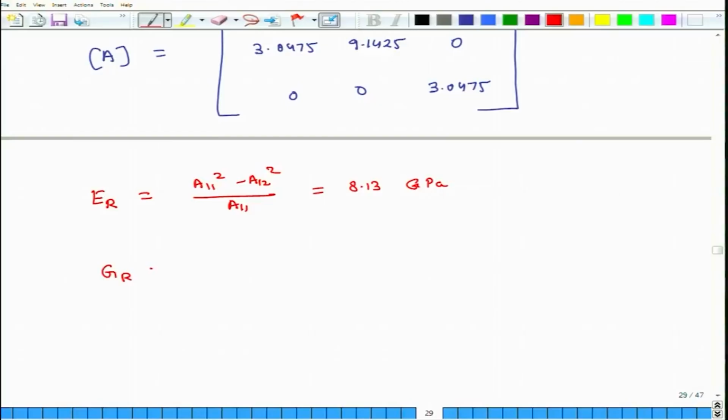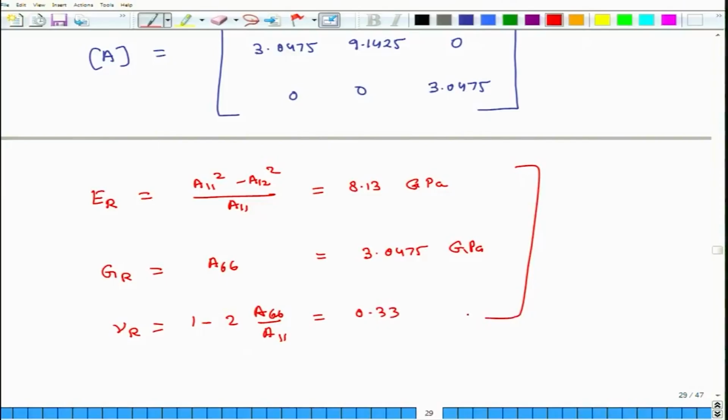GR is the same as A66, and that is equal to 3.0475 GPa, and nu R equals 1 minus 2 A66 by A11, and this comes to be 0.33.